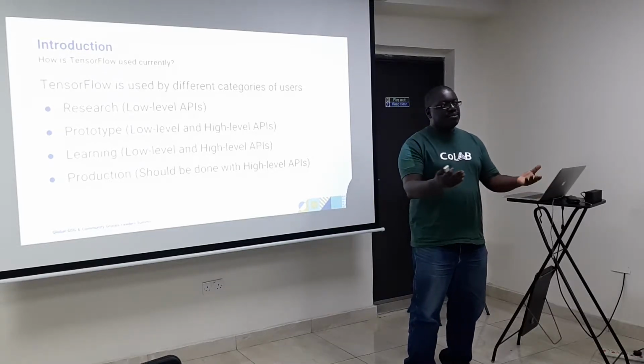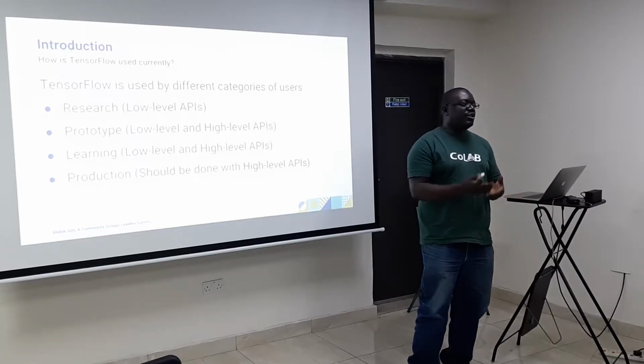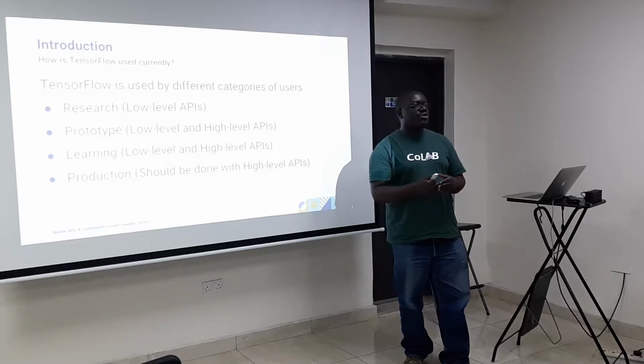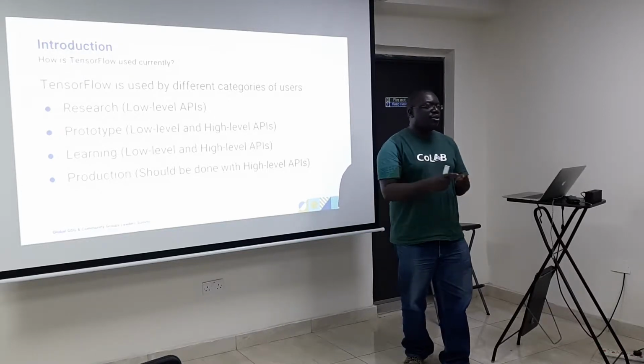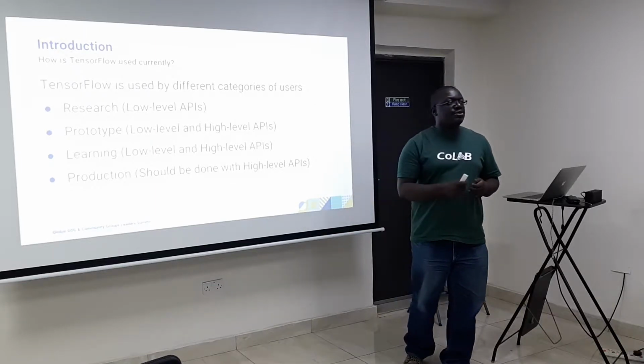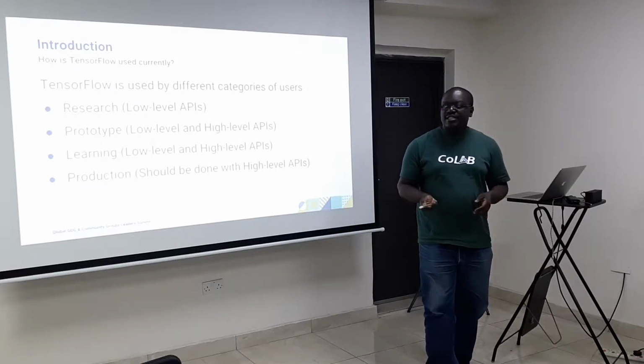So you've probably all done some web application, and anytime you need to talk to something outside of your core, what you do is you call an API. So in the same vein, in TensorFlow, we have high-level APIs.